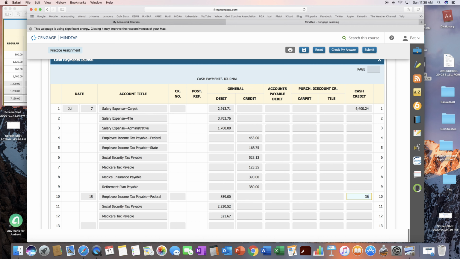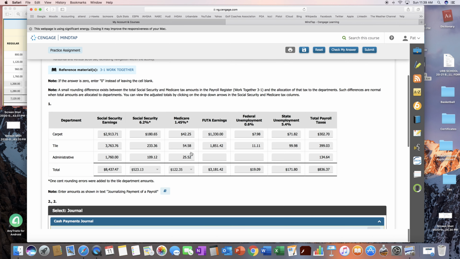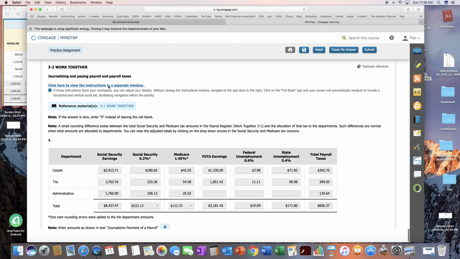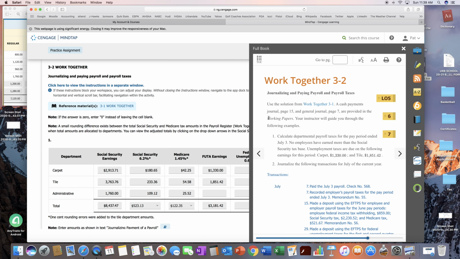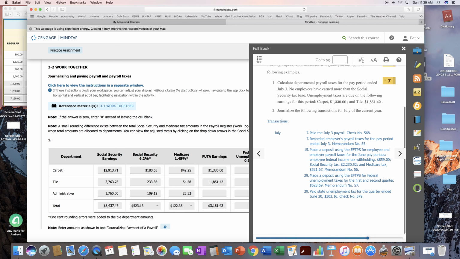We'll credit cash for the total for that transaction. Okay. Yep. Again, that's from a previous month. We're just paying it off, getting rid of those liabilities. Credit the liability and then we pay it later.